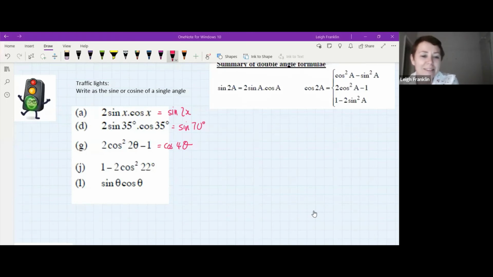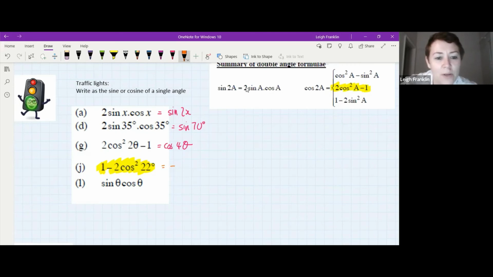Good. Negative cos 44. Okay, so it has to be negative because, look here, your 1 is positive when it should be negative, and your 2 cos squared theta 22 is negative when it should be positive. This was one of those where you first had to take out the negative.